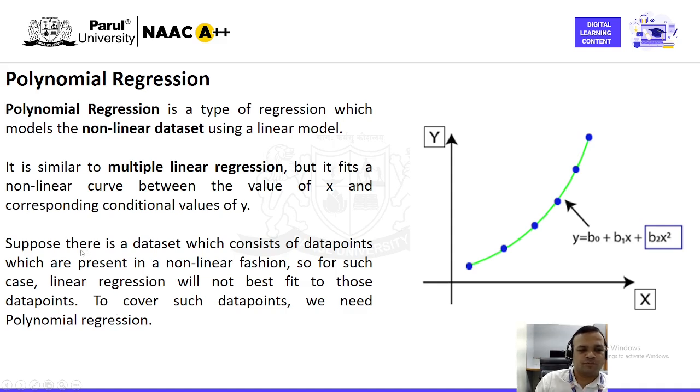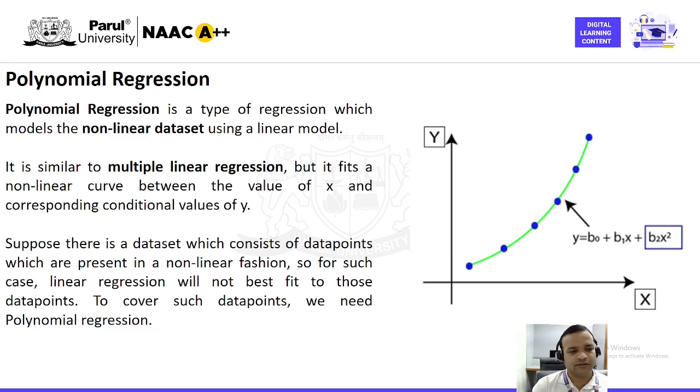Suppose there is a data set which consists of data points present in a non-linear fashion. For such a case, linear regression will not best fit those data points. To cover these data points, we need polynomial regression. Whenever we use linear regression here, some of the data points are left off the best fit line.